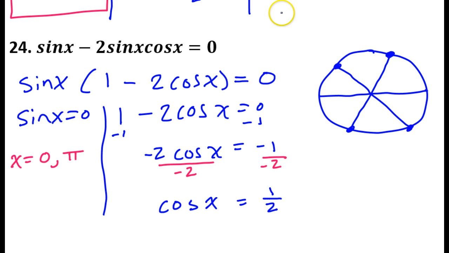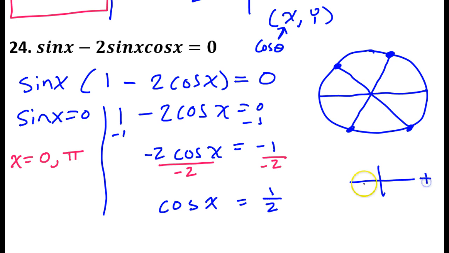Now remember that on the unit circle, every point x and y is a cosine and a sine. So in other words, cosine is the x value on the unit circle. Remember that in the coordinate plane, look at the x-axis, the positive x's are on the right hand side and the negative x's are on the left.